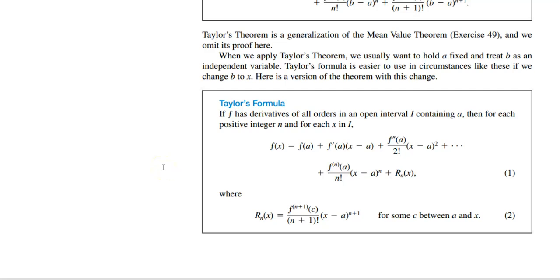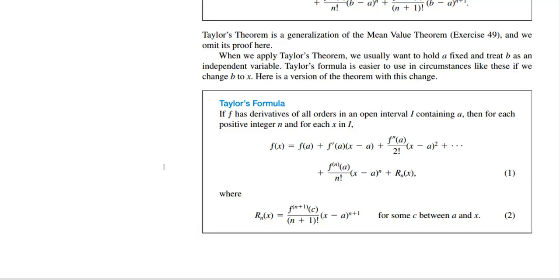If f has derivatives of all orders in an open interval I containing a, then for each positive integer n, and for each x in I, f(x) equals f(a) plus f prime of a times (x minus a), plus f double prime of a over 2 factorial times (x minus a) squared, plus f triple prime of a over 3 factorial times (x minus a) cubed, and we keep on going.